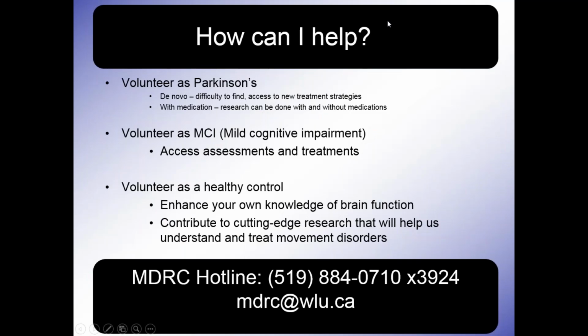These team members work across the country trying to figure out how to enhance our treatment of things like Parkinson's disease. So again, I'm putting up our contact information as we near the close of our talk.